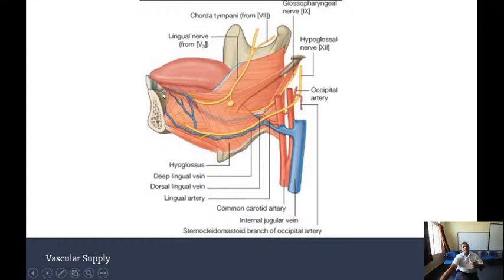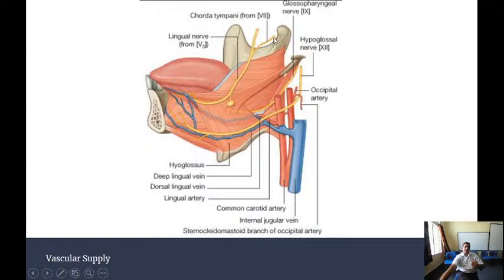When you go to the special sensations, the special sensation here is the sensation of taste. The taste sensations are carried from the tongue via the lingual nerve, and from there it branches into a nerve called the chorda tympani.